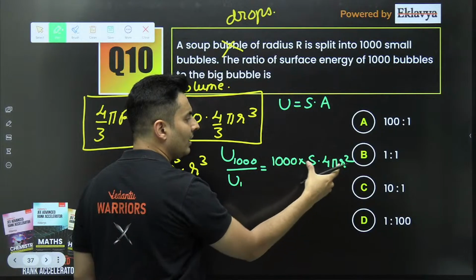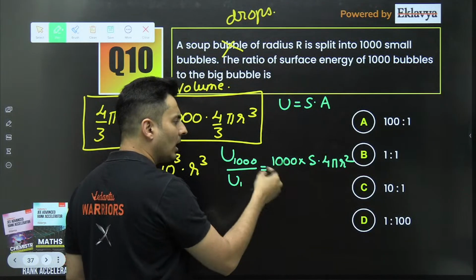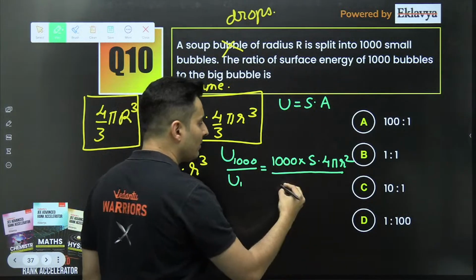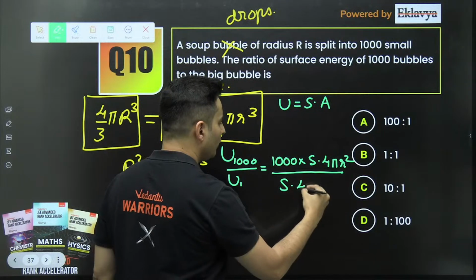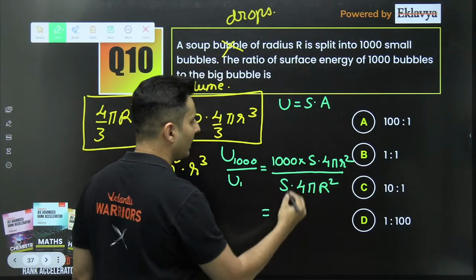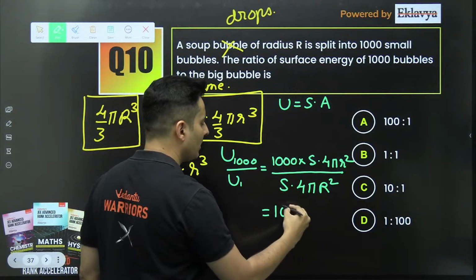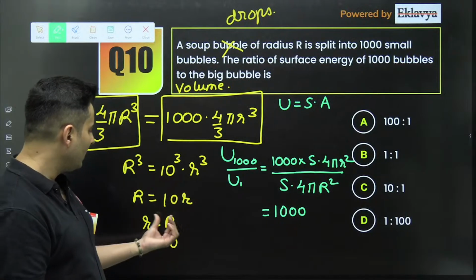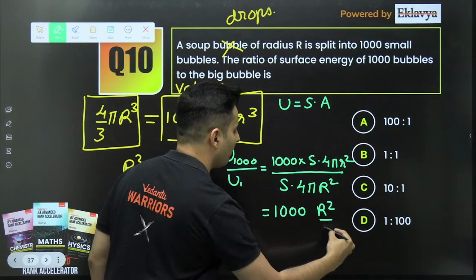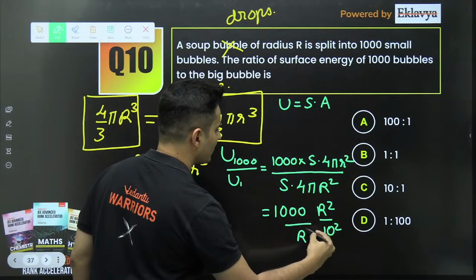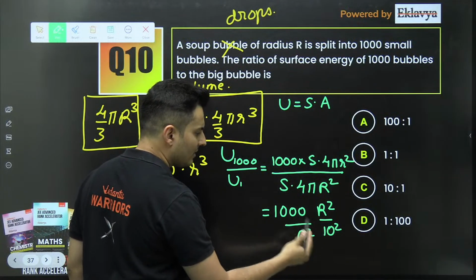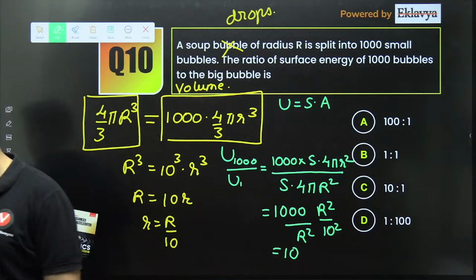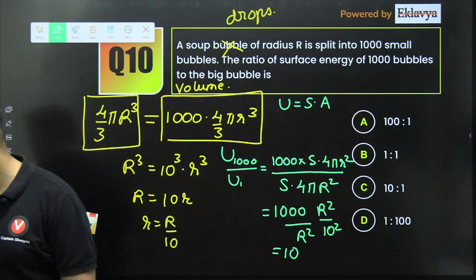That upon U1, the energy of one big bubble, which is S into 4 pi capital R square. S 4 pi cancels. This will become 1000 into small r square, which is R square by 10 square, upon R square. So R square cancels, 10 square cancels, only 10 will be remaining. So 10:1, which is option C, should be the answer.